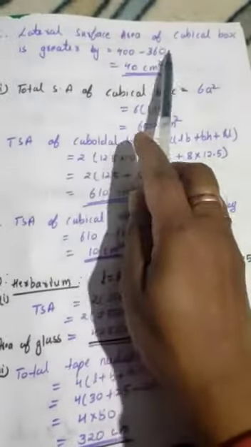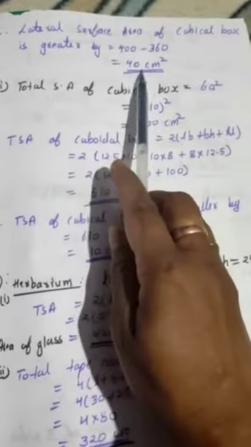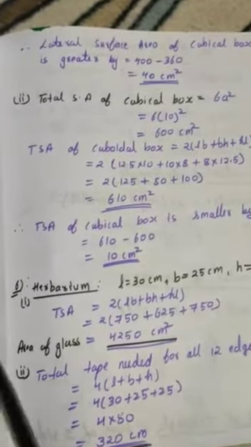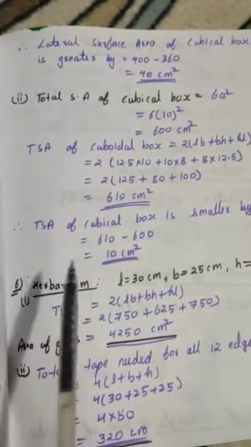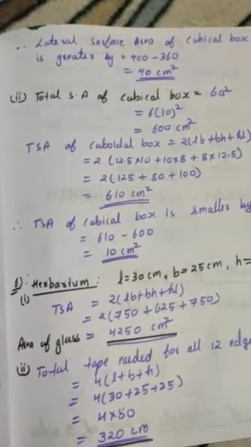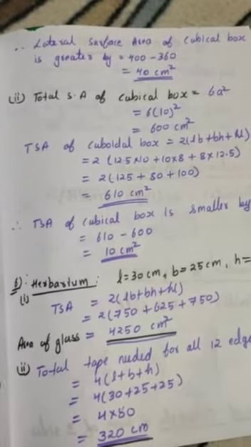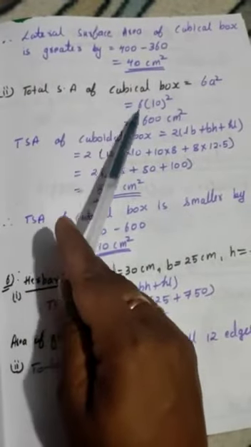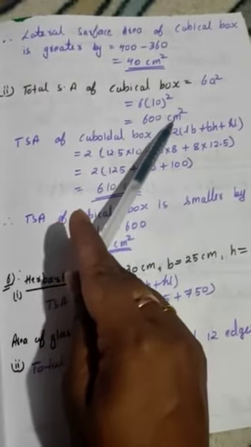So we have written here: the lateral surface area of the cubical box is greater by 40 centimeter square. Now you have the second part, in which the total surface area is given. Using the same dimensions as before, you have to calculate the total surface area, which is 6a square, so 600 centimeter square.